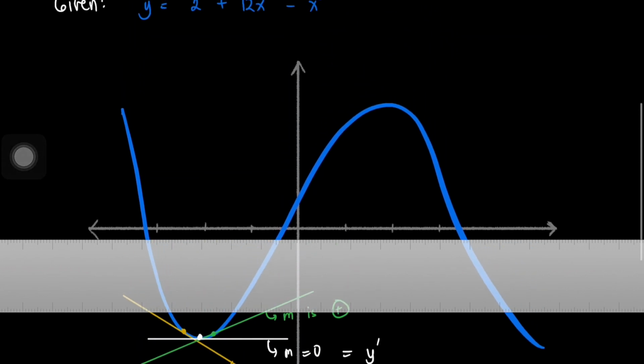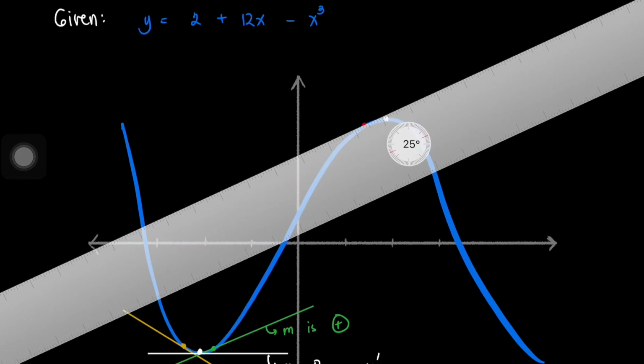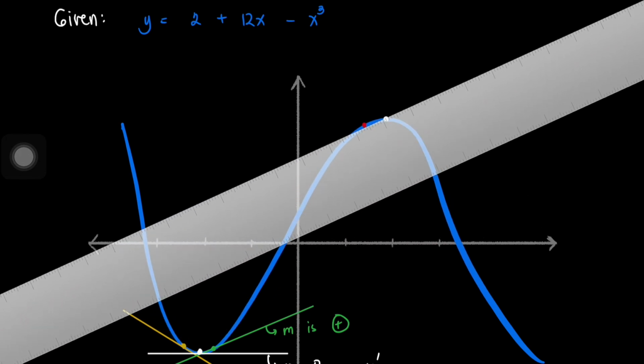Similarly, if we're going to take this point as an example and draw a tangent line at this point, here's our tangent line.